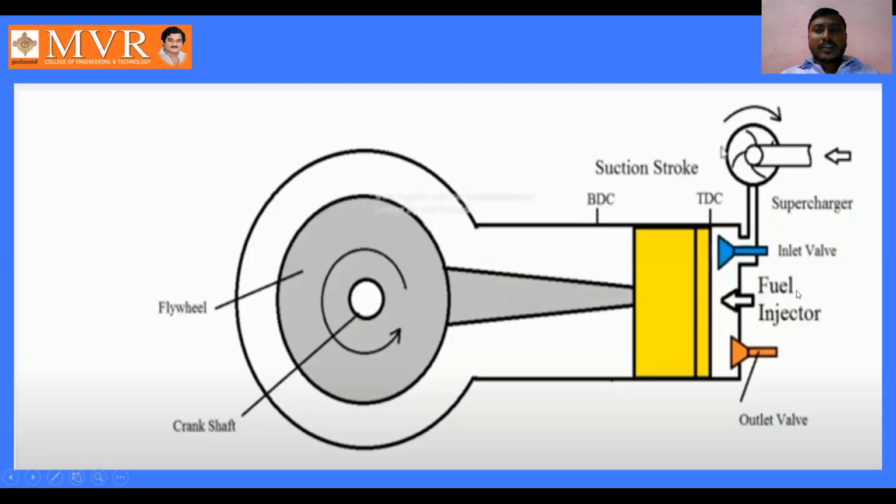The work output and the efficiency of the engine cylinder are increased here.